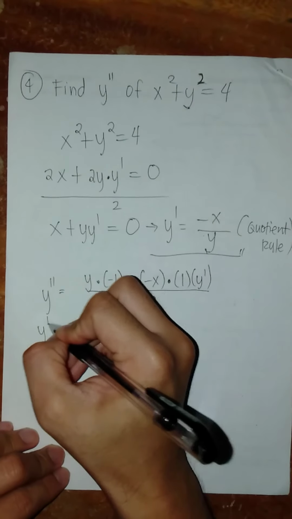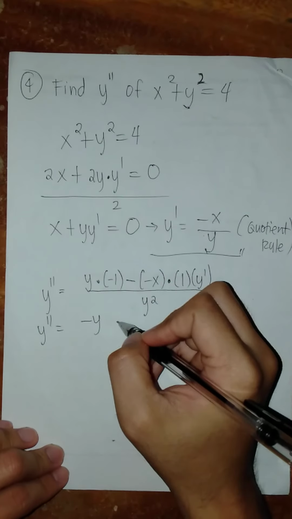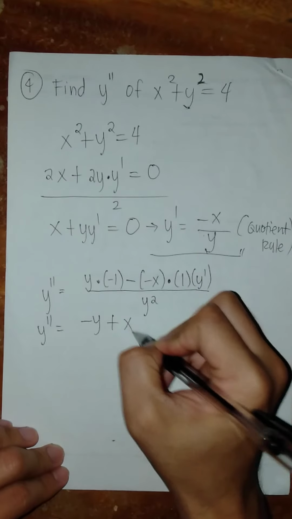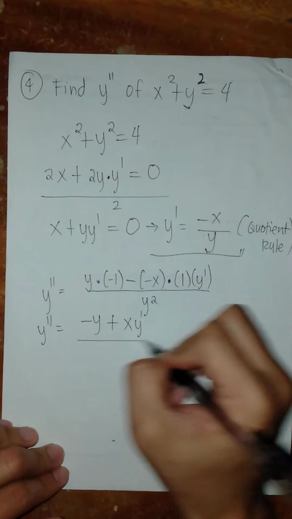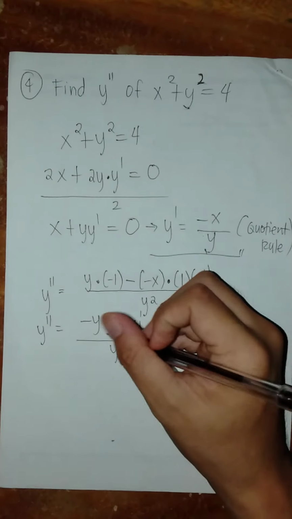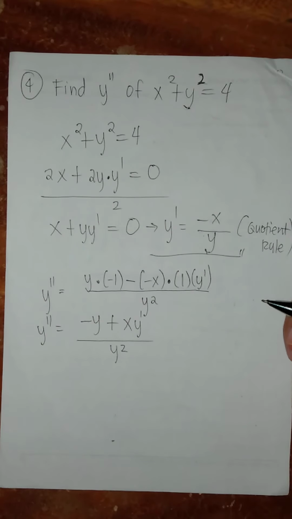So, y double prime is equals to negative y plus x y prime all over y squared. Ayun. Clear tayo? Ang ano natin is negative y plus x y prime over y squared. What's next, sir?